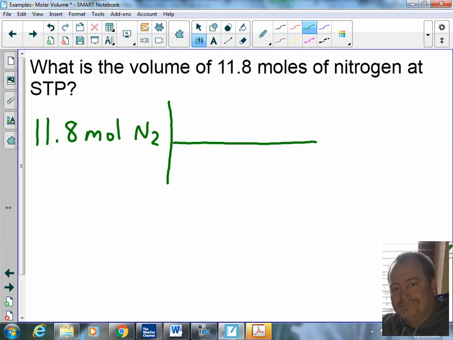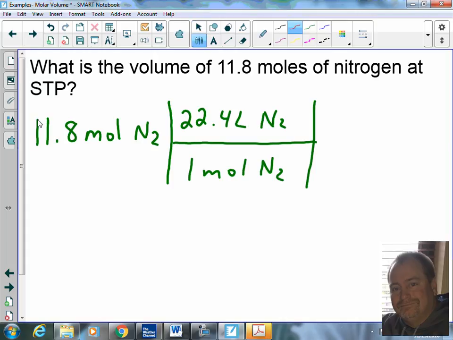What do I want to cancel? Moles of nitrogen. So I put that on the bottom. I know that 1 mole of nitrogen at standard temperature and pressure is 22.4 liters of nitrogen. Do I get a cancellation? Absolutely I do.